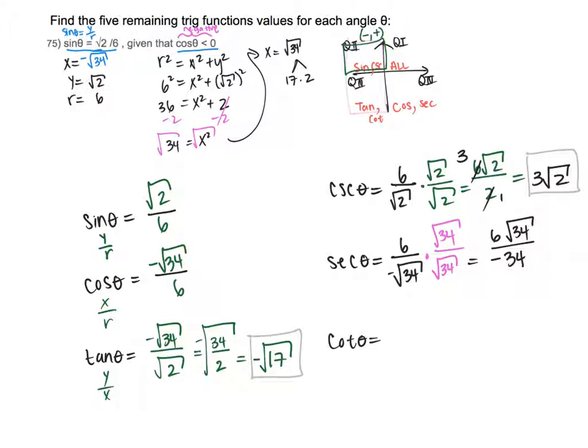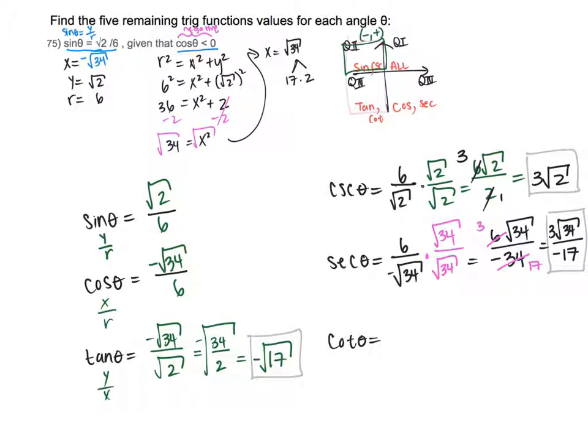I can try to cancel some stuff out. 6 and 34 are both even numbers, so if I divide 34 by 2, I get 17. If I divide 6 by 2, I get 3. So this is really 3 square root of 34 over negative 17. Okay, and so I'm going to box in that.